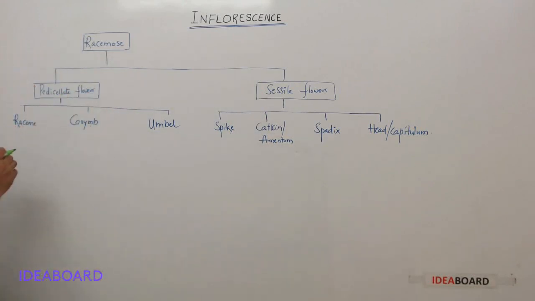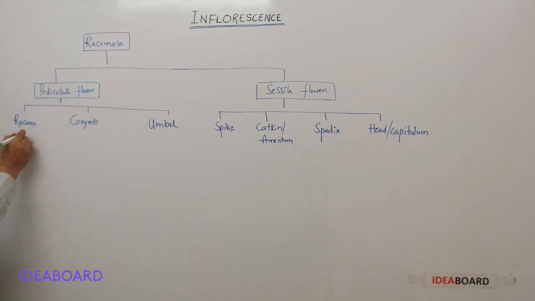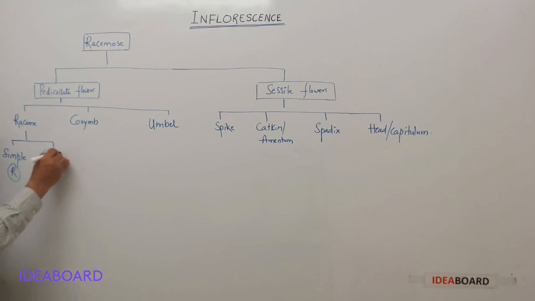So with pedicellate flowers, we have three types: raceme, corymb, and umbel. And in raceme, we find two types again, based on whether the peduncle is branched or unbranched. If the peduncle is unbranched, we call that simple raceme. If the peduncle is branched, it is called compound raceme.